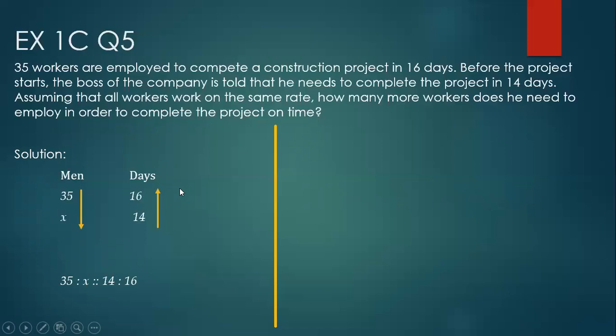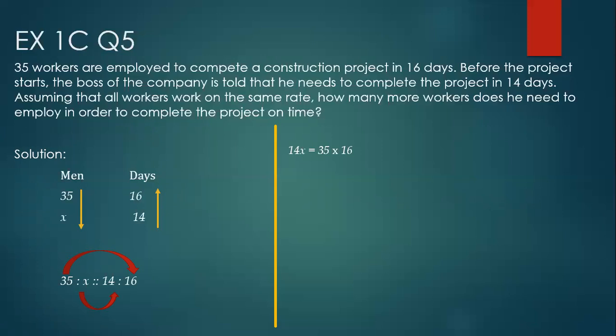Now we are going to multiply the extremes is equal to multiply the means, which are the center values. So the equation will look something like this. 14x is equal to 35 times 16.